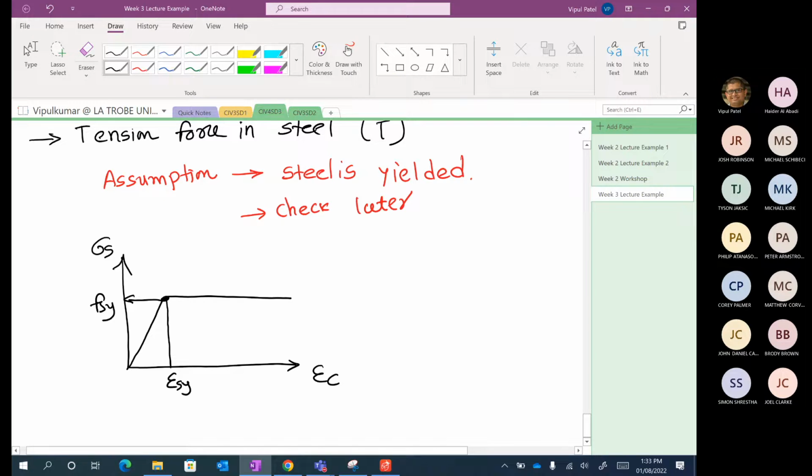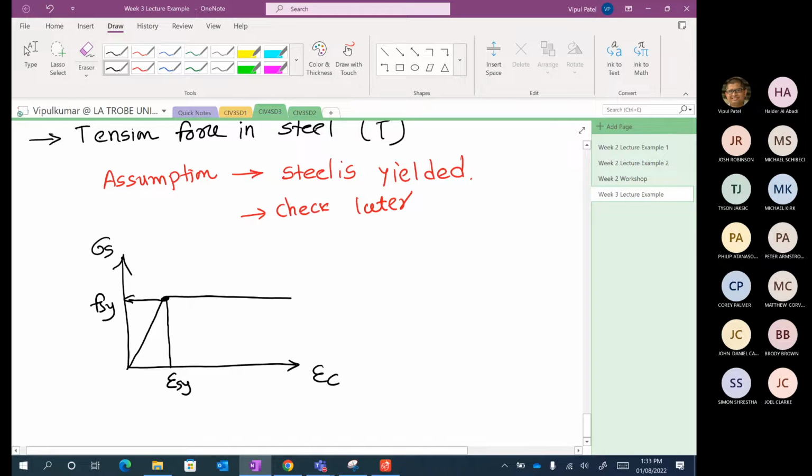Now the philosophy here is this: in reinforced concrete design, we want to yield the steel first. This is what the standards want you to do, because that will allow enough ductility. So if someone asks you, you have a reinforced concrete beam with steel and concrete, which fails first?